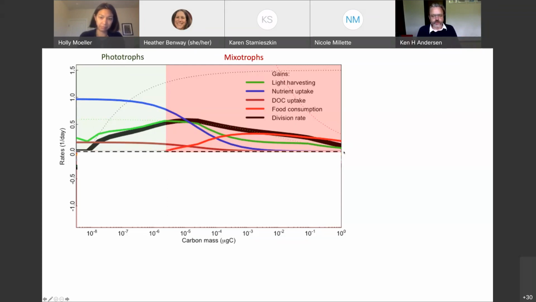But of course, another way, a more detailed way to look at the trophic strategies is to say where they're getting the carbon and nutrient from. So here I'm saying that here they're getting a significant part of their carbon from light, potentially here more than phagotrophy.